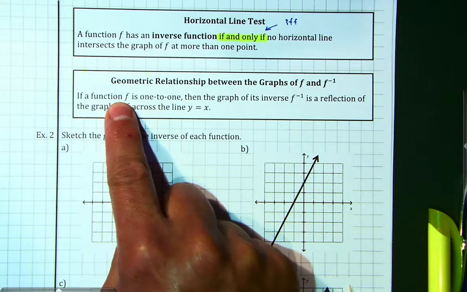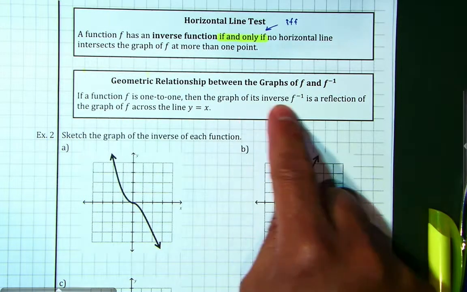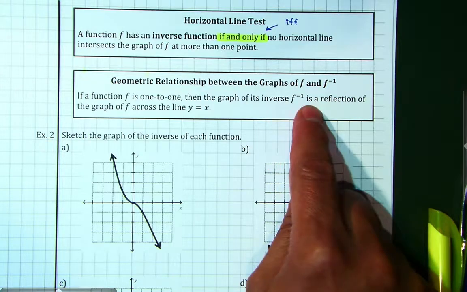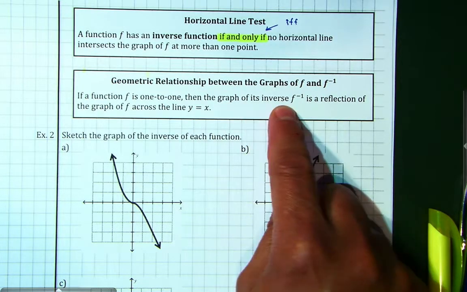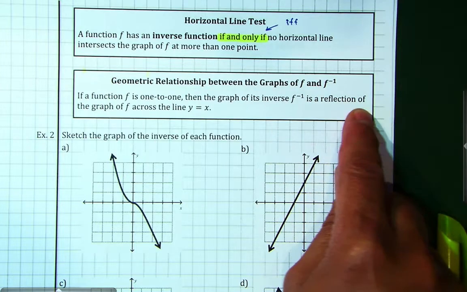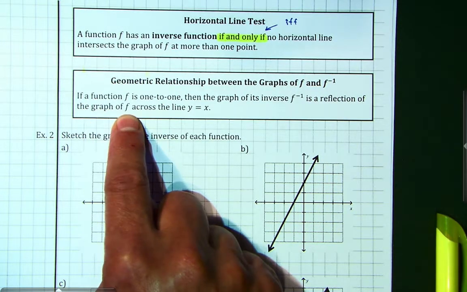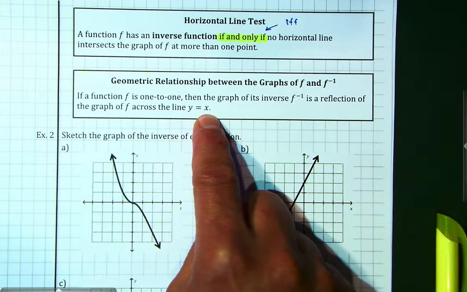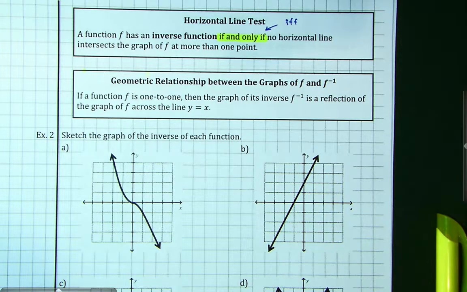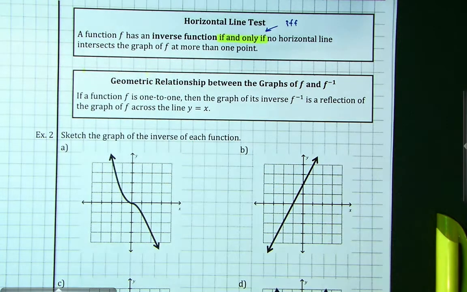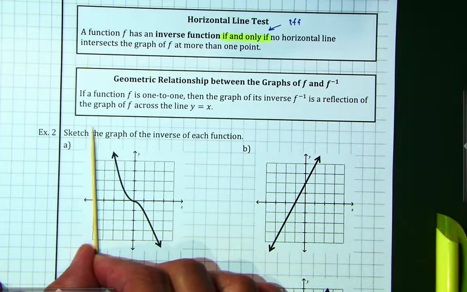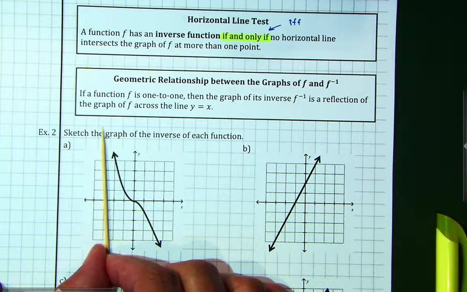If a function f is 1 to 1, then the graph has an inverse, f inverse. Then the graph of its inverse, f inverse, is a reflection of the graph of f across the line y equals x. So before we actually get to this, let's first determine, is this graph a function?